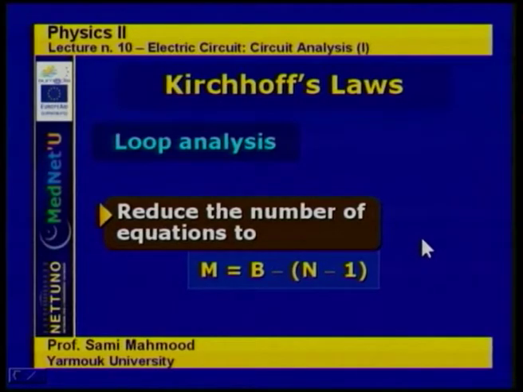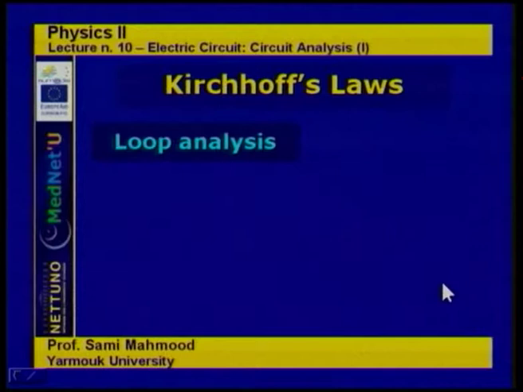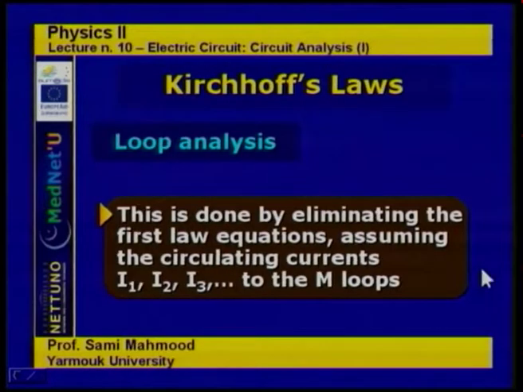So we are dealing only with M equations, which is simply equal to B minus N plus 1 equations. This is the number of loop equations coming from the second law. So this is obtained by eliminating the first law.